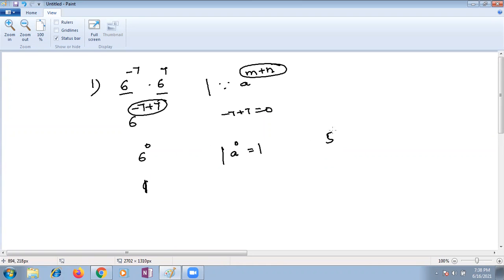Suppose I take 5 power 12 divided by 5 power 12. In this case, it is division, so 12 minus 12 becomes 0, so 5 power 0. Or else, if I cancel here, I am getting the value 1, right? Yes, ma'am. That is why any number raised to power 0 is always 1.